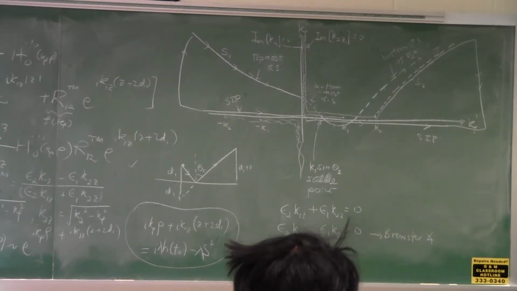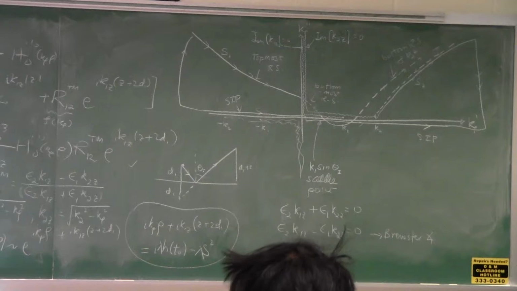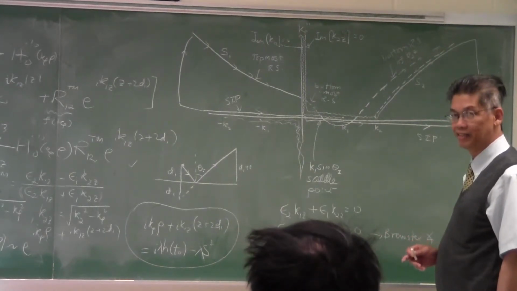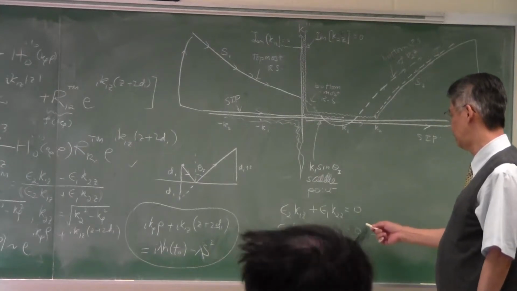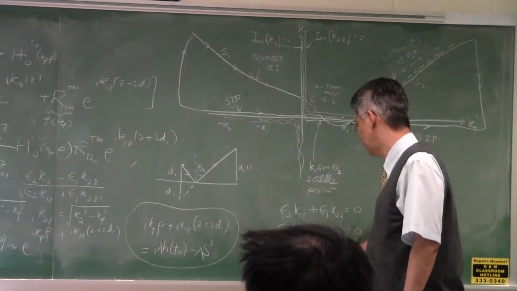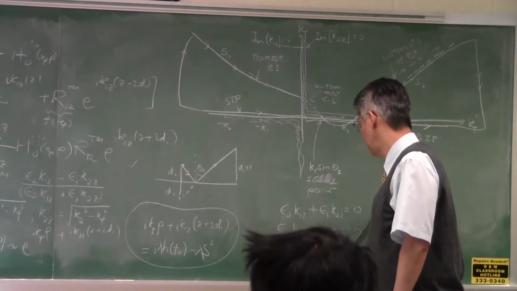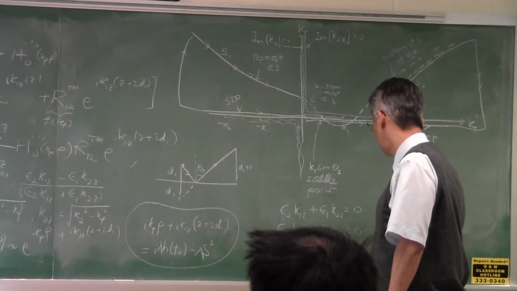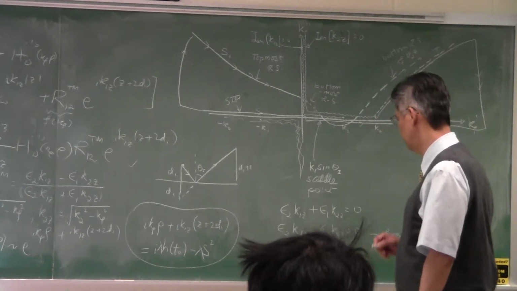Okay? And the Sommerfeld pole and the Brewster angle 0 are actually at the same location, because in order to solve this equation, you have to take this to the right hand side and square the two equations. When you square the equations, the two equations are the same. Okay?